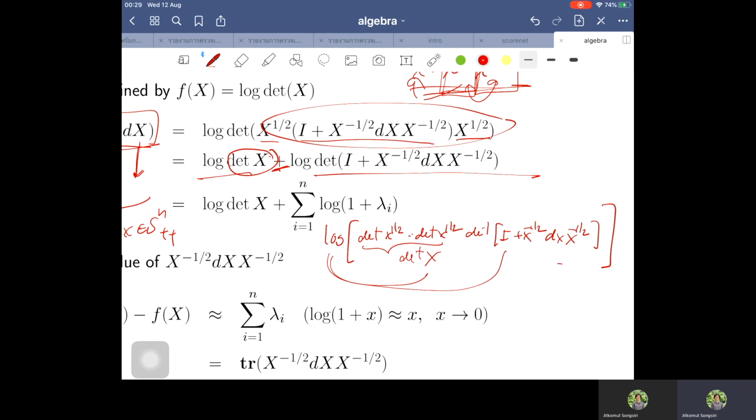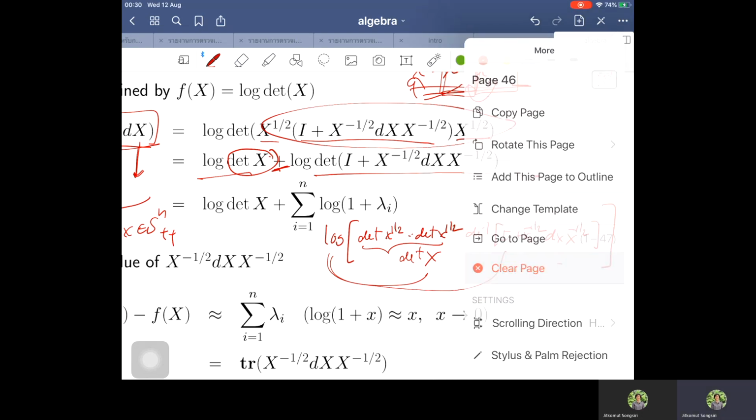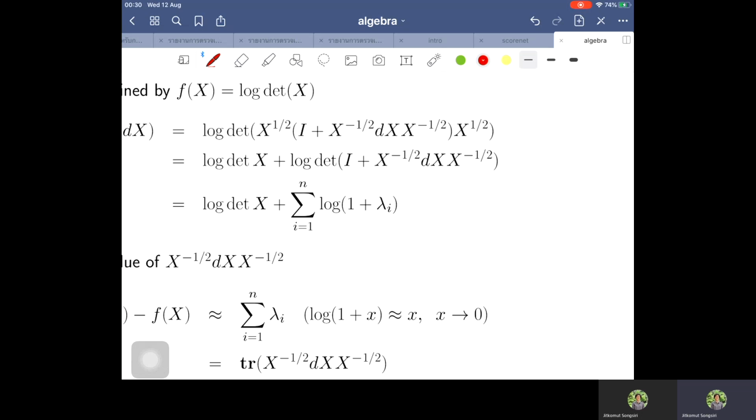In the third line, we use a fact from matrix analysis. If you look at this as a matrix M, what do you know about the determinant of I plus M?